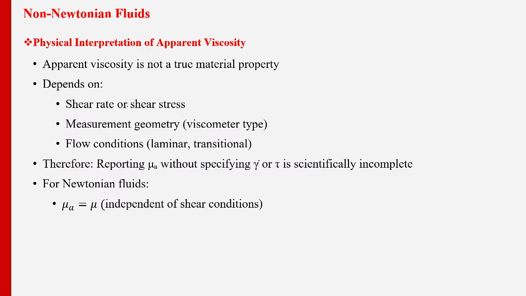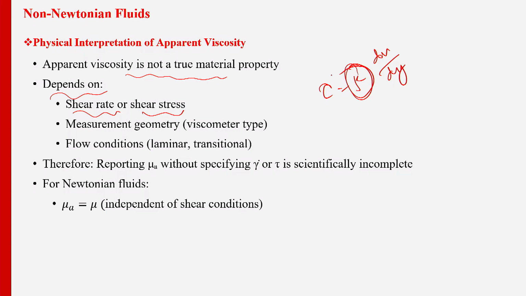Apparent viscosity is not a true material property. It depends on the shear rate or shear stress, which is not constant as in Newtonian fluids. For Newtonian fluids tau equals mu of dV by dy, and mu is always constant, but here mu varies.